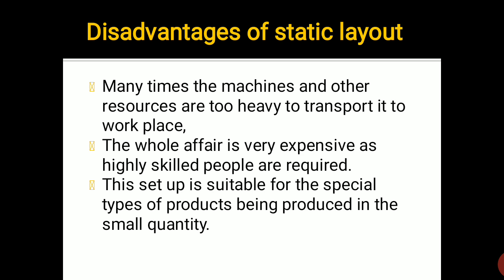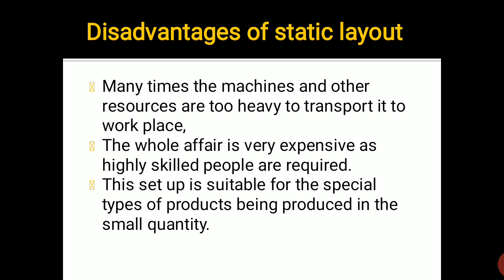It may only be used in small quantity, when you are producing a specific type of product that is unique in nature. So it is a disadvantage that we may not be able to use it in large scale production; it is only useful for small quantity.